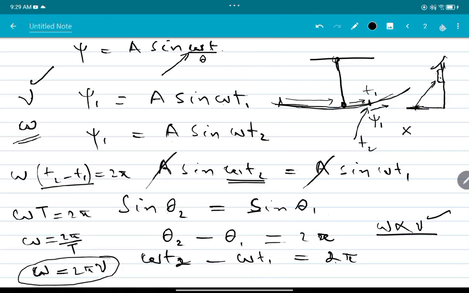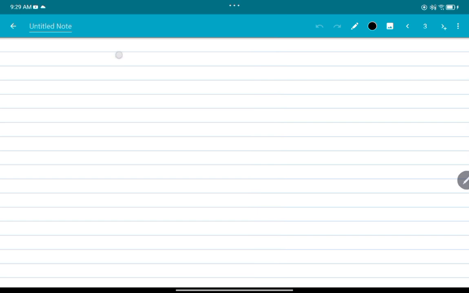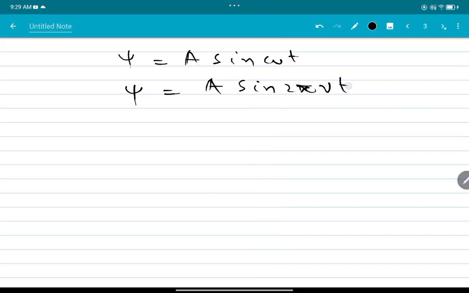So when I write psi is equal to A sine omega t, in place of omega you can write 2 pi nu t, where nu is the frequency. And frequency, we know, is the number of oscillations per second.